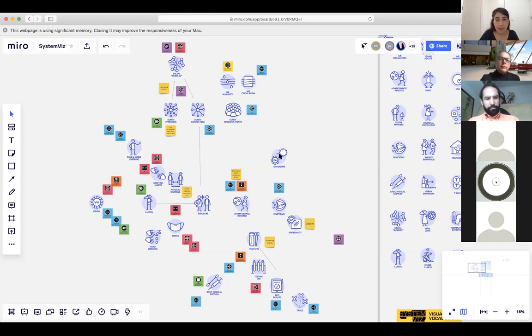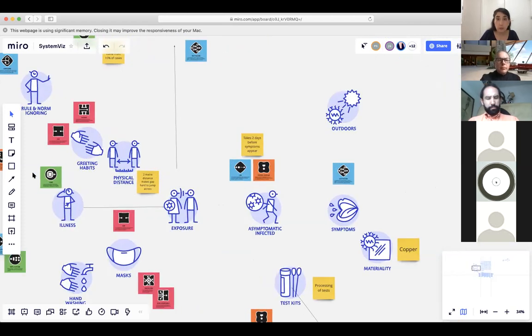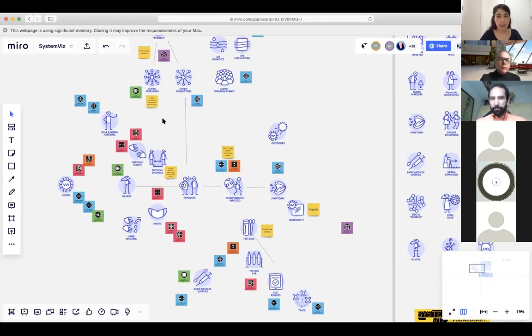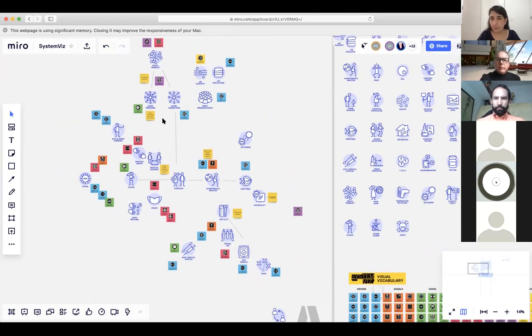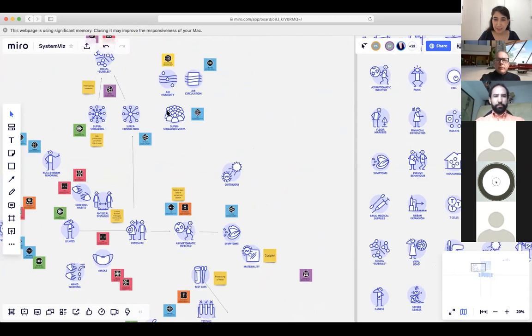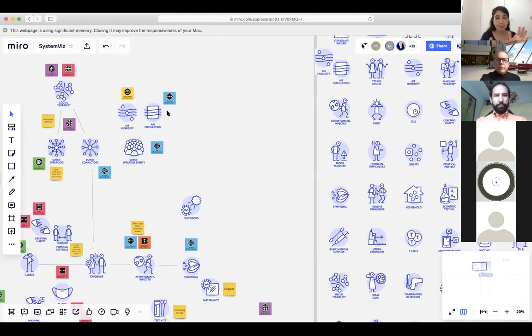We can also even map where there are disagreements or alternatives, because maybe we don't see the system the same way, because cultural norms and beliefs also play an important role in what issues are considered part of a system. So that's something I had in mind from my side.